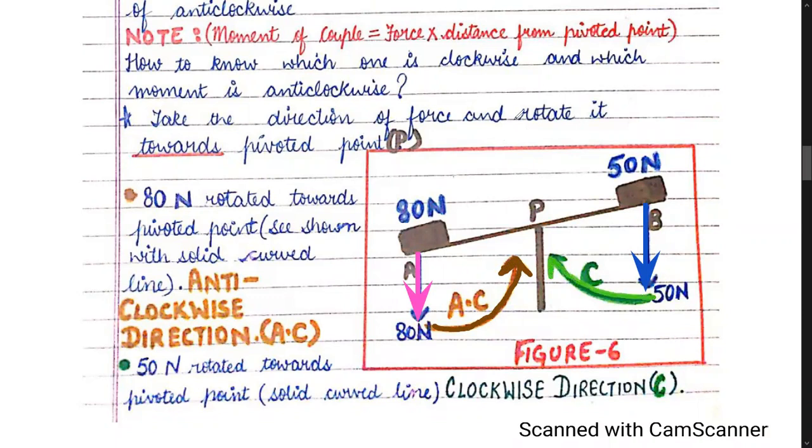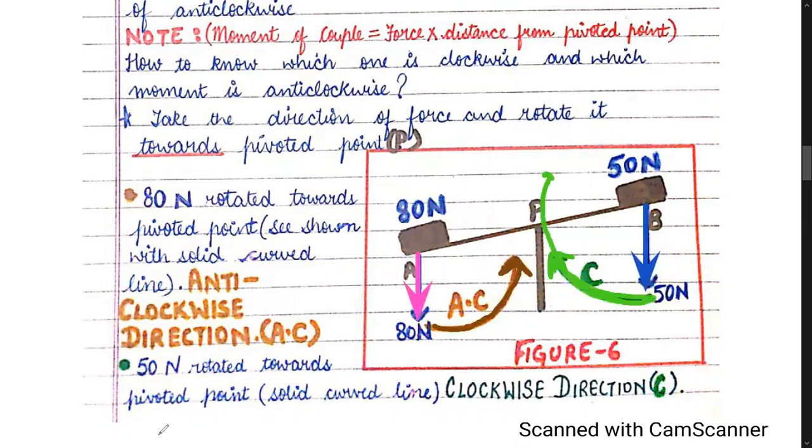You will see that one force is giving an effect in a clockwise manner. Clockwise manner means the direction in which the needle of a clock rotates, and the other will be moving in an anti-clockwise direction.